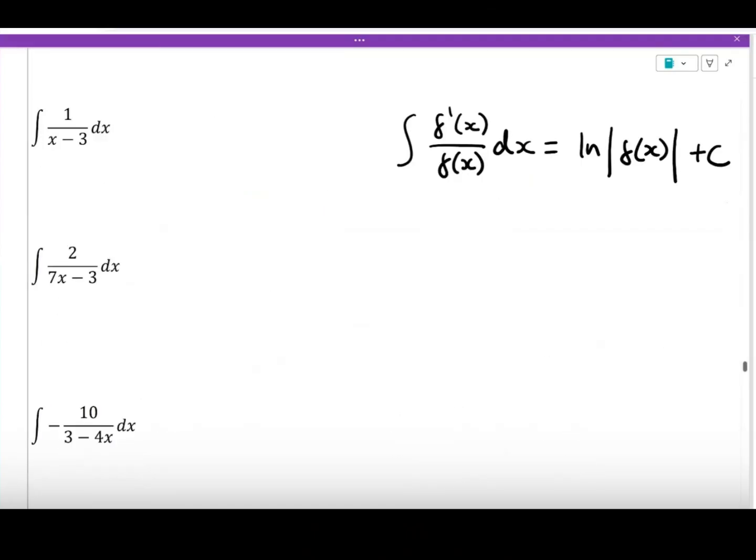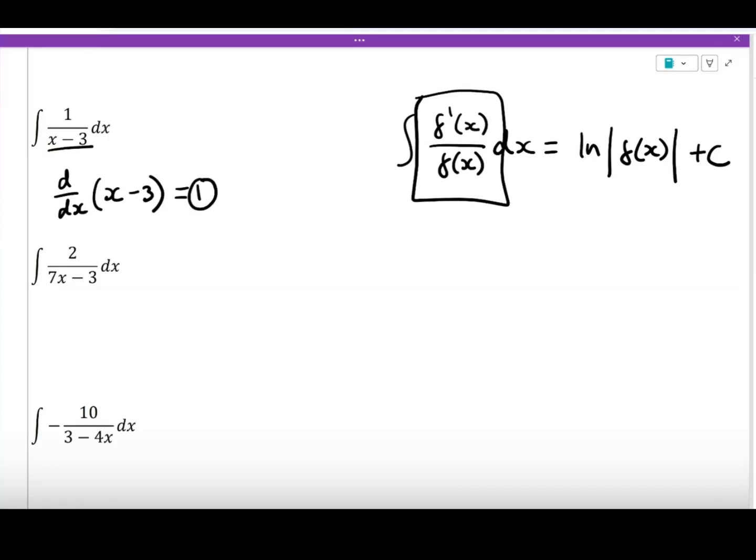So here's our first integral, and we're going to run through a check as to whether we can use the natural logarithm, which involves differentiating your denominator and checking if the numerator is a numerical multiple of it. Because if we look at our result, we need the numerator to be the derivative of the denominator or a numerical multiple of it. So if I differentiate x subtract 3, I would get 1, which perfectly matches my numerator.